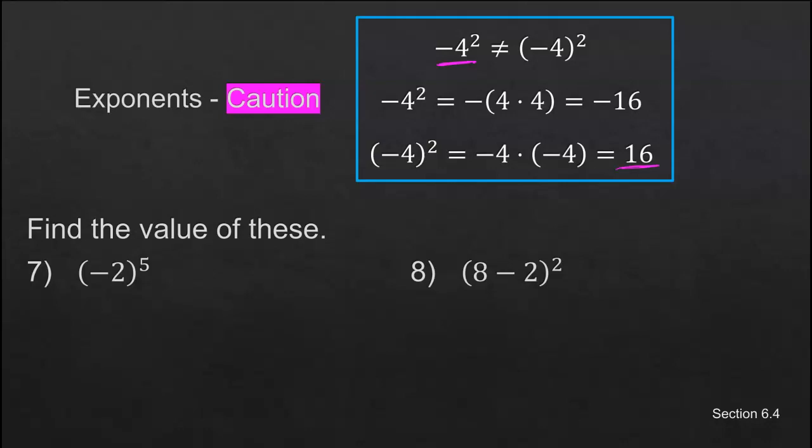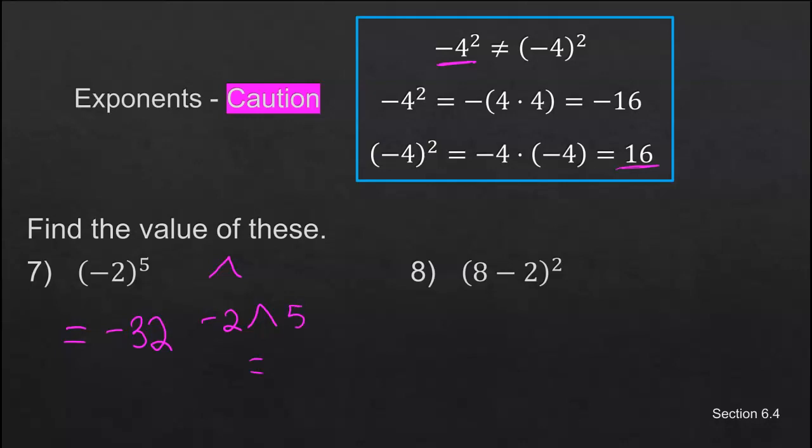On number 7, for instance, I could put this in without parentheses or with parentheses, and I still get negative 32. Now on some calculators you will have this key, like on the ones we recommend for this class. It's negative 2. We push this caret key, as I call it, and put in your 5, equals, and you get negative 32.